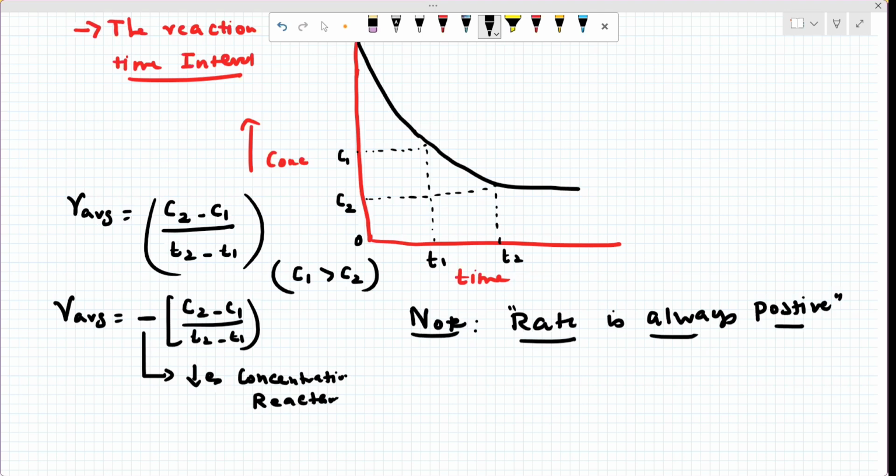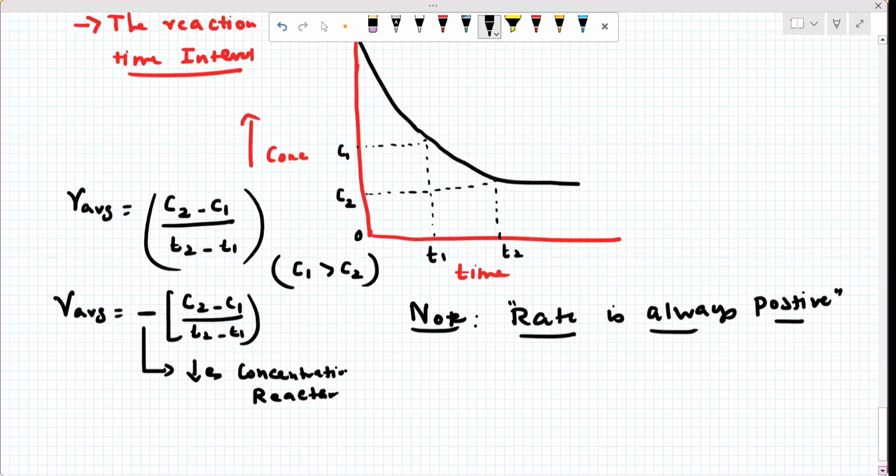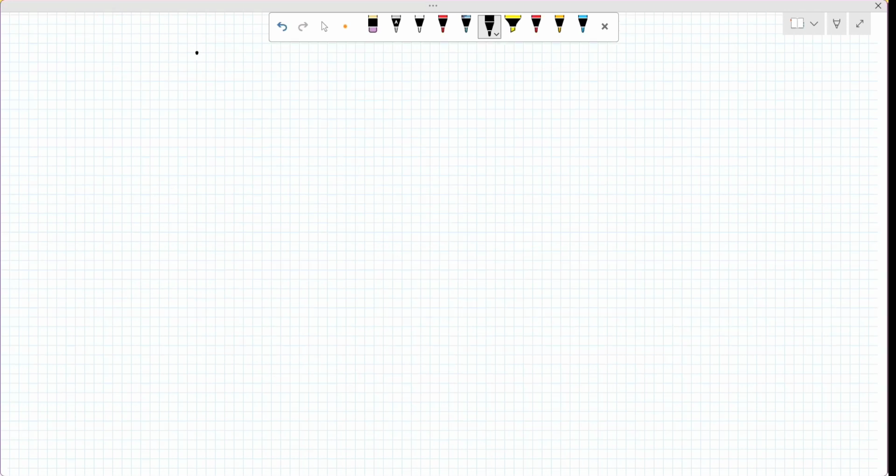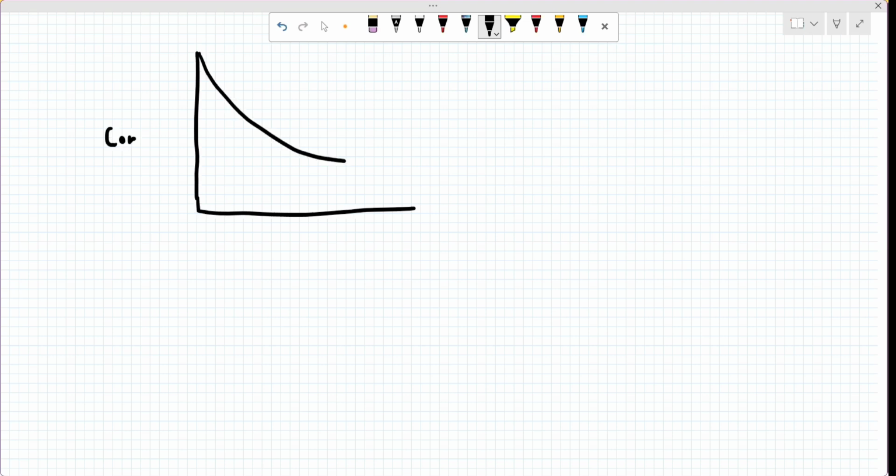Let's go with the instantaneous. See, this is the same graph. Here concentration, here time. Now at this point, I am going to measure the instantaneous reaction rate.